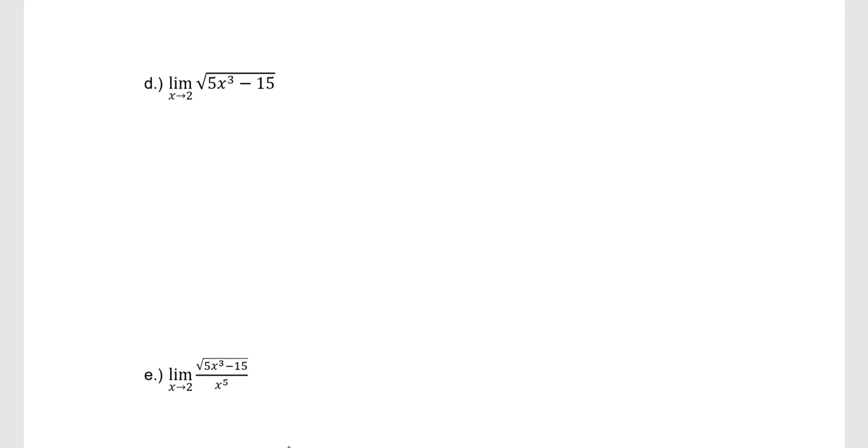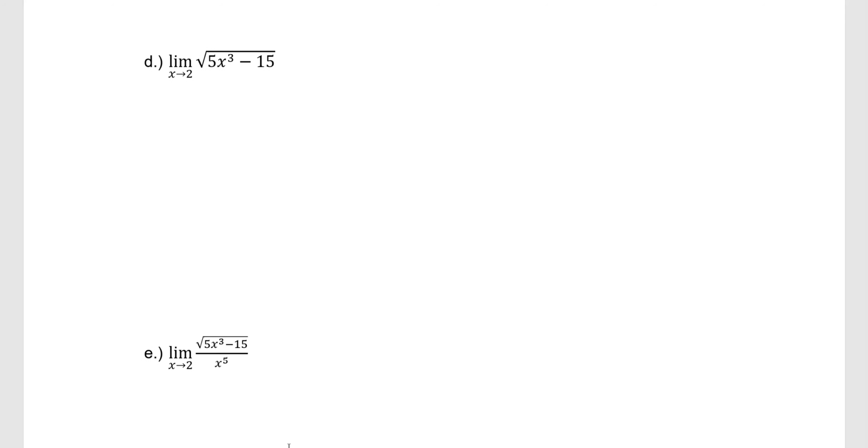And two more here. We have the limit of the square root of 5x cubed minus 15. So we have to remember that the square root is an exponent, right? The square root is just an exponent of 1/2. So it's going to have that same exponent rule, where we can put the limit inside of it.